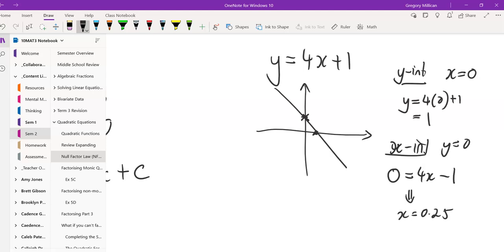Why is the top one y equals 4x plus 1 and the other one y equals 4x minus 1? Why did we change it? I didn't mean to. Thank you for pointing that out to me. If you see an error, and I didn't mean to make it, I thank you for pointing it out.